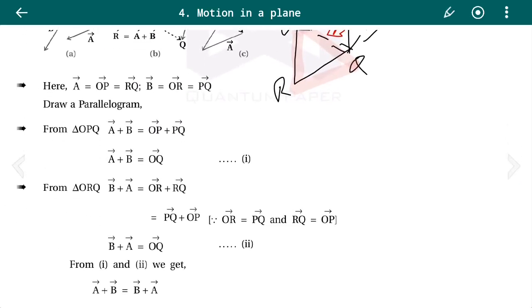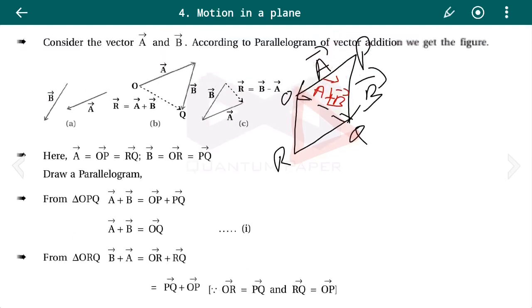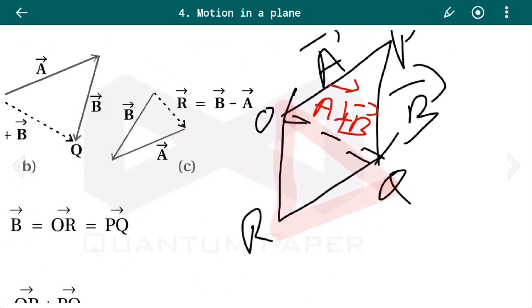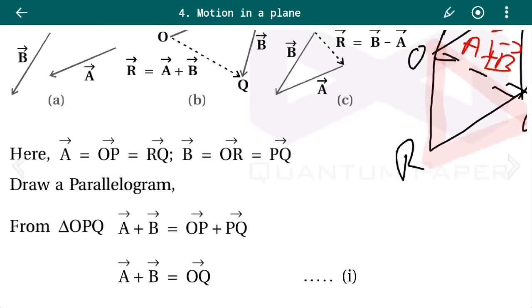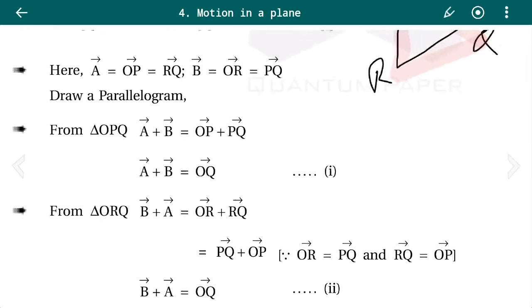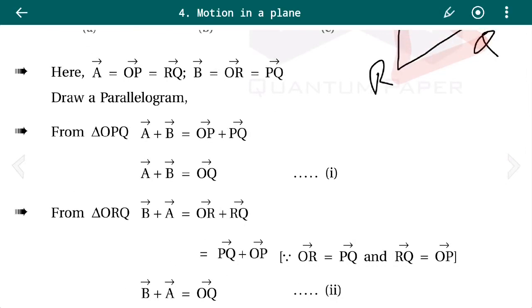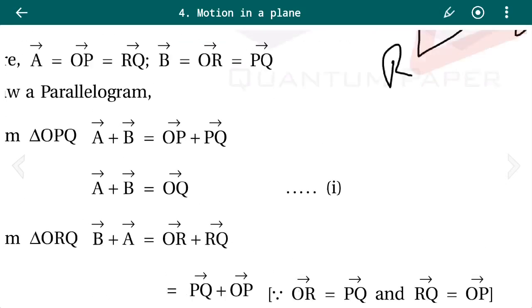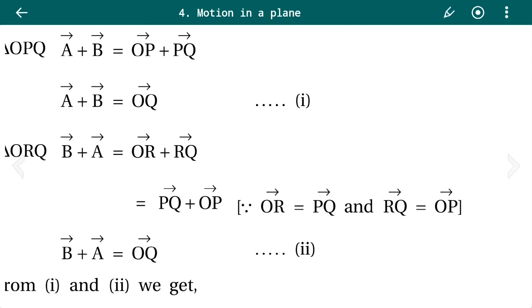That is, B vector plus A vector is equal to OR vector plus RQ vector. And we know that OR vector is equal to PQ vector. So instead of OR vector, I can write PQ vector, and instead of RQ vector, I can write OP vector.